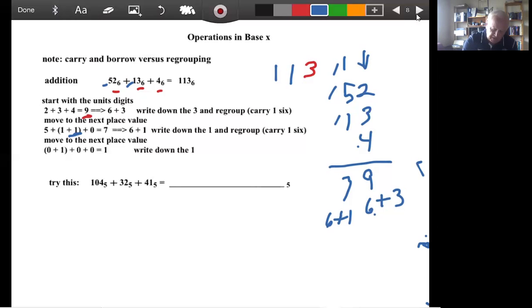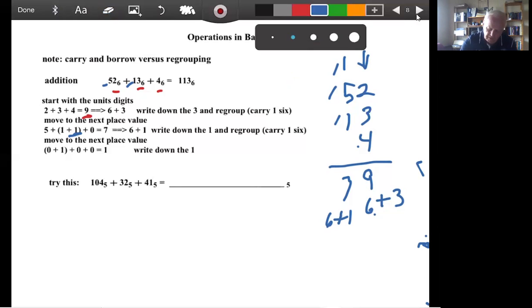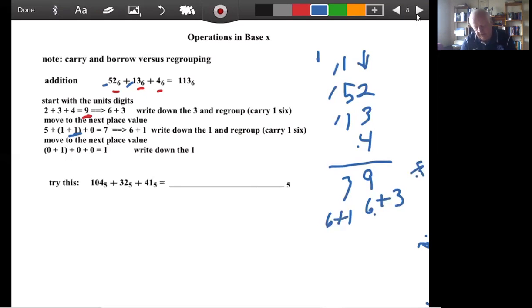Let me get this out of our way. And we're going to put a 1 up here. And so that's where it comes down and has the extra one. A little bit hard to see that, I guess, but I hope you can see that we're ending up with 7, 9, which there is no 7 and 9 in base 6.